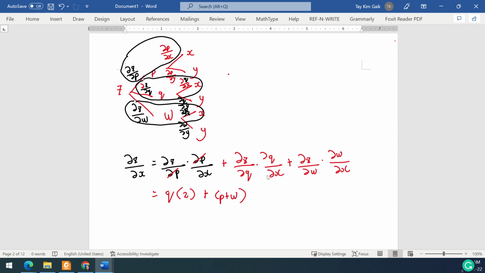Del q del x, you obtained 1. Del z del w that you obtained is q. Del w del x is negative 2. So 2q plus p plus w minus 2q, you get p plus w.